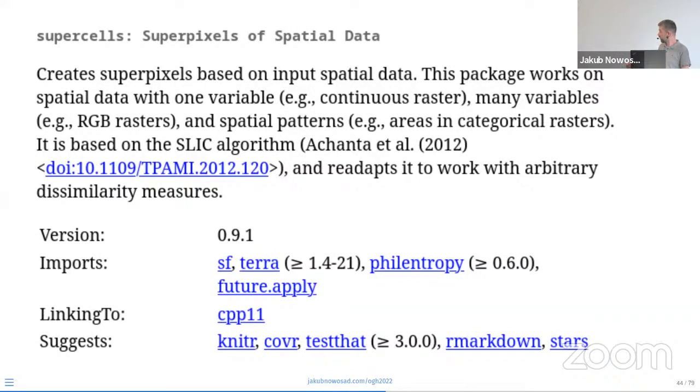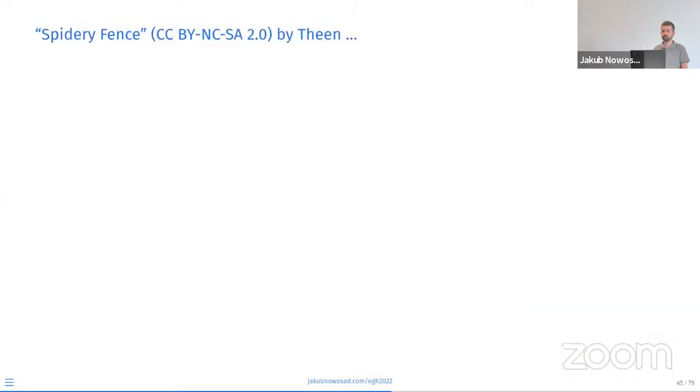So only those 1, 2, 3, 4, 5 packages are used by the software. So it seems that, oh, it's not a lot. It's 5 packages. So if there is some change here or here, I can react very quickly because I don't have 20 dependencies or 50 dependencies.